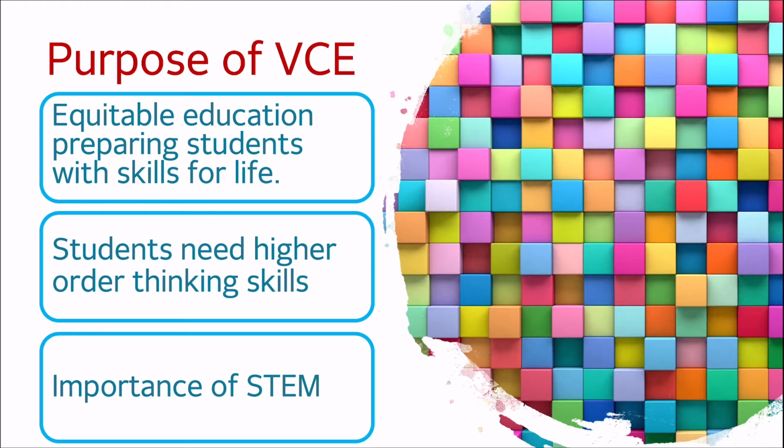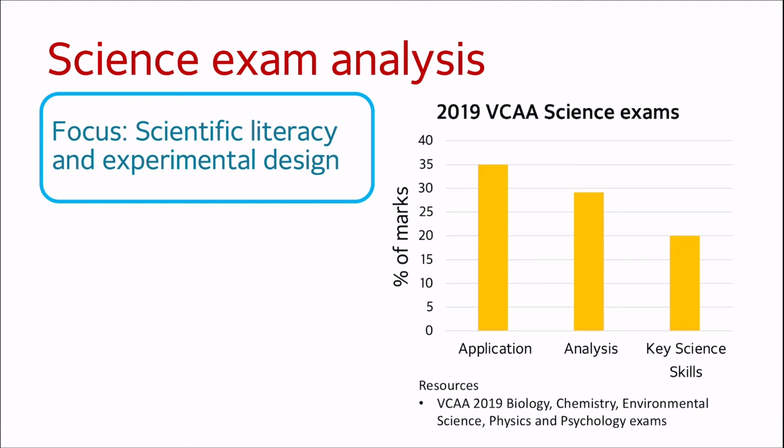If we look at the exams, I've done an analysis across all of the exams, so physics, biology, chemistry, environmental science, and psychology, and have found across the board there is an increase in application style questions, in analysis style questions, and in those questions requiring the key science skills.